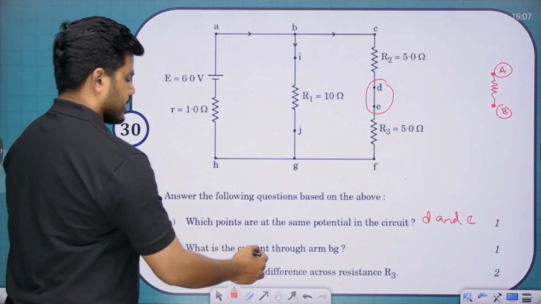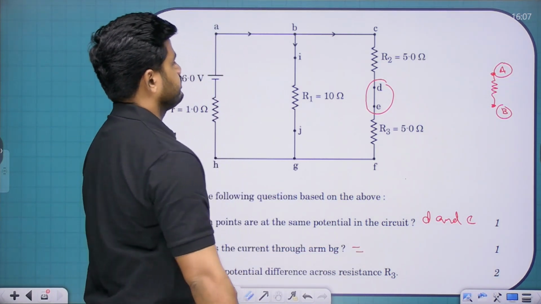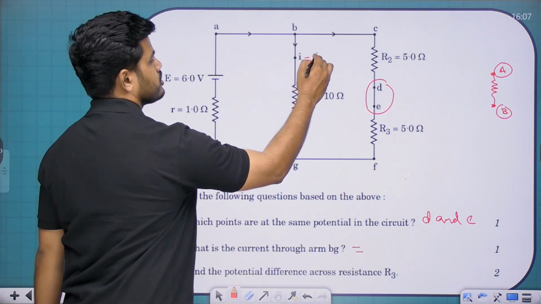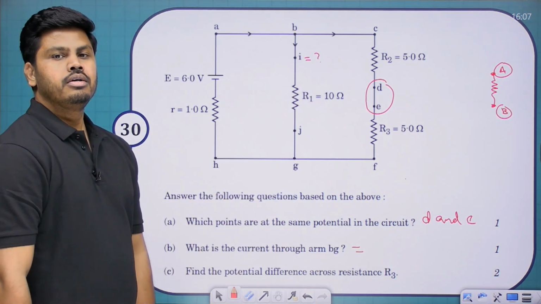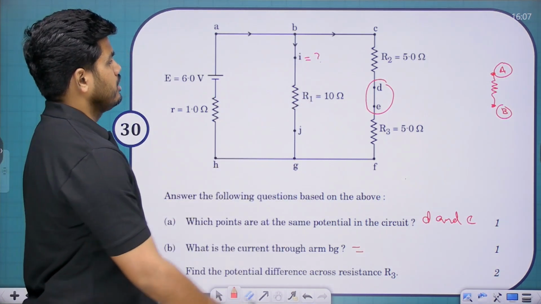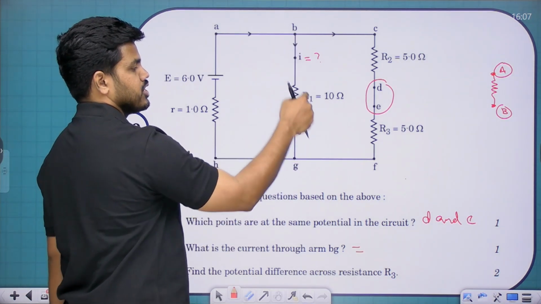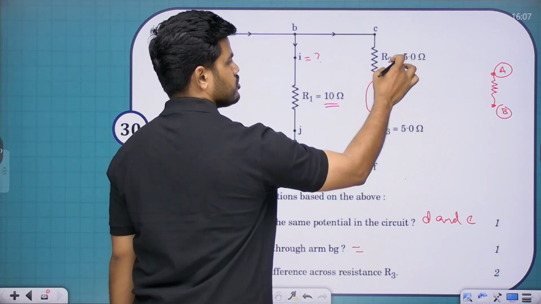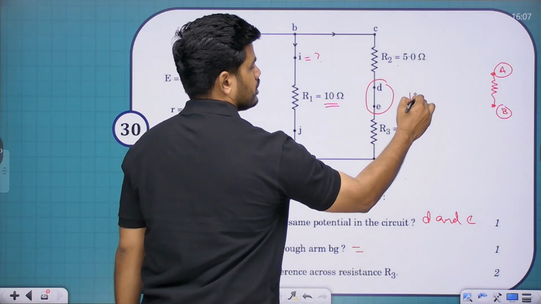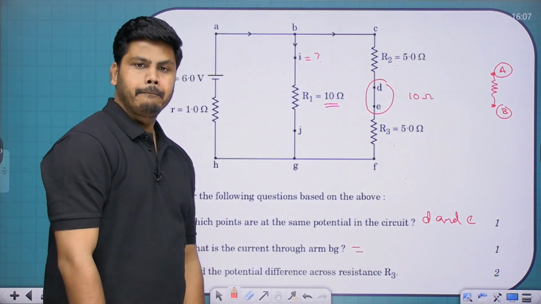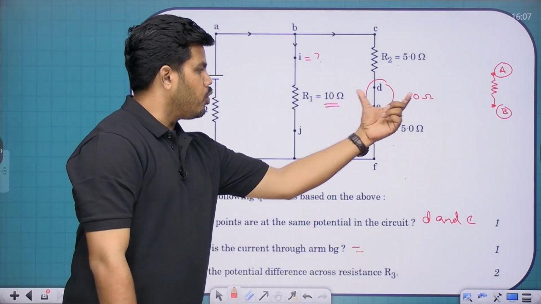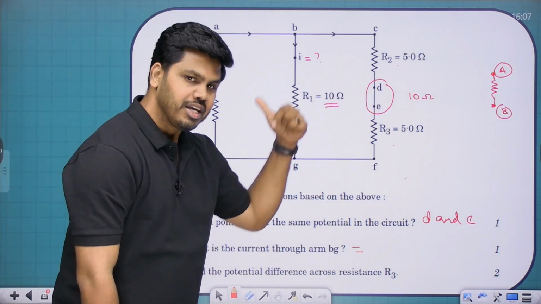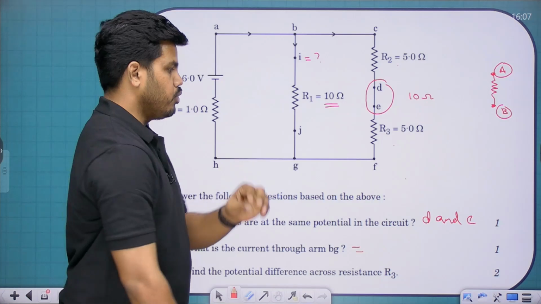What is the current through arm BG? This can be easily calculated. Look at this. This branch has a resistance of 10 ohm, right? What is the resistance in the other branch? R2 plus R3, that is also 10 ohm. So two 10 ohms are connected in parallel. So what is the equivalent? 10 by 2, 5 ohm.